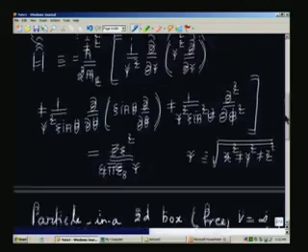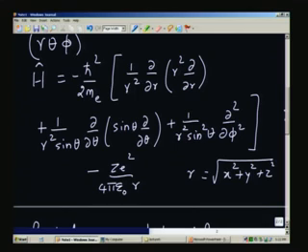Now, even though the hydrogen atom Hamiltonian that you have here looks far more complicated in terms of the derivatives appearing in all places, the nice thing about this representation is that it can be separated into an R dependent equation only, a theta dependent equation only, and a phi dependent equation only.